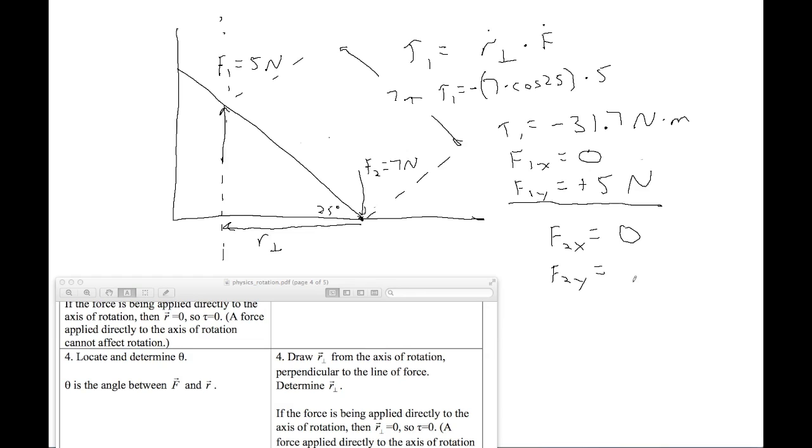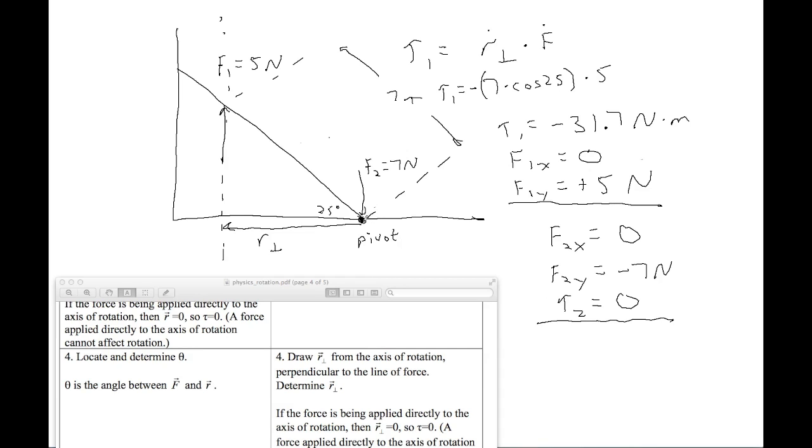And force 2y? That would be negative 7 newtons. And torque from force 2? That would be 0. Because we've already decided that this point down here is our pivot, and now both R and R perpendicular would be 0. When we're right on the pivot, that's 0. But notice that doesn't mean that there's no force. There's still a force that we have to take into account.